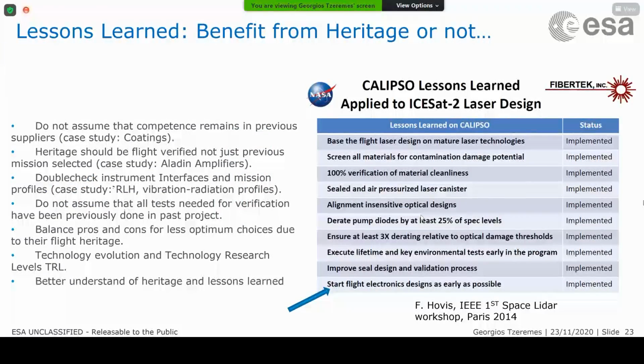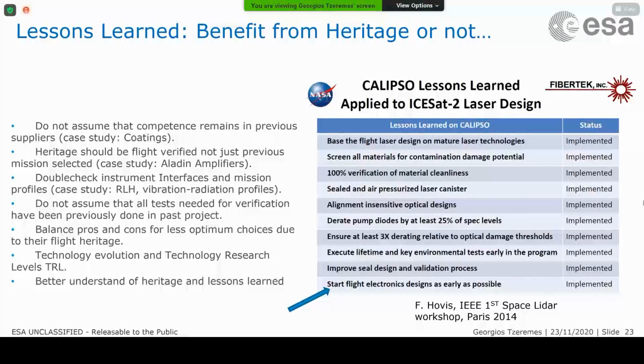Summarizing a little bit the lessons learned, on the right you see the NASA approach, and on the left you see some of the ESA lessons learned. Starting from our lessons learned: do not assume that the competence remains in previous suppliers, and we found that out the hard way in coatings.